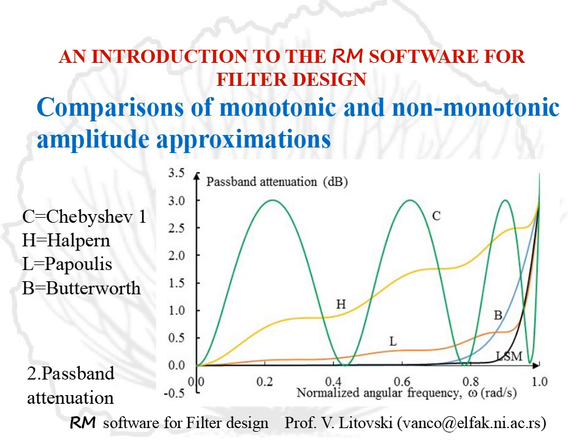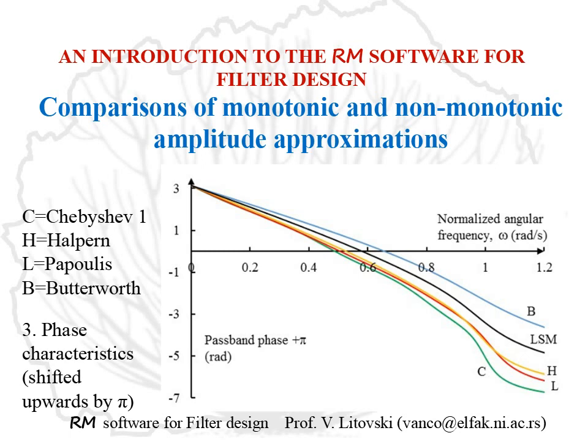So, if one wants to transmit or receive signals with small distortions in the passband, something like the LSM filters, then one must reduce the maximum passband attenuation of the Chebyshev filter, which will have as a consequence a drastic reduction of the selectivity.